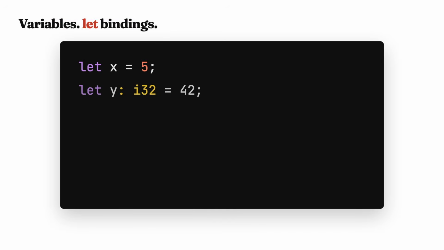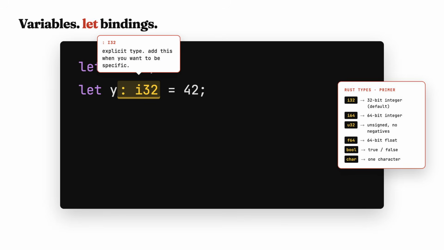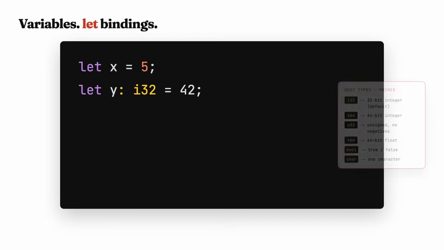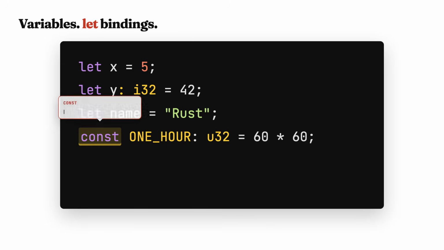And if you want to be more specific, you can annotate the type yourself, like let y: i32. There are also strings, which work the same way. It's just like let name = with quotes, which we use to make sure it's a string inside the quotes. There are also string literals and a few other things. We'll get into those later.